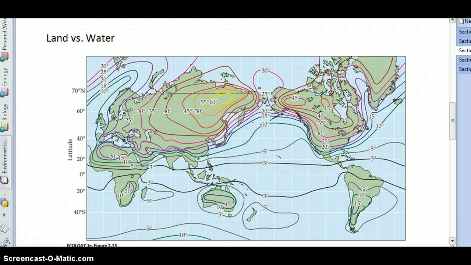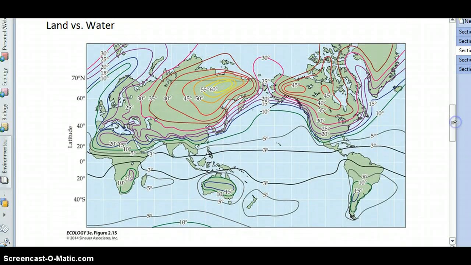Whereas out over the ocean, where there's lots of water, of course, you don't get nearly the range in temperatures. And so in coastal areas along large bodies of water like ocean, you tend to see less of a range of temperatures as well.